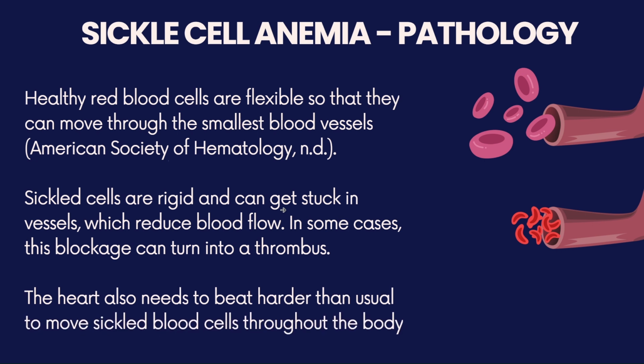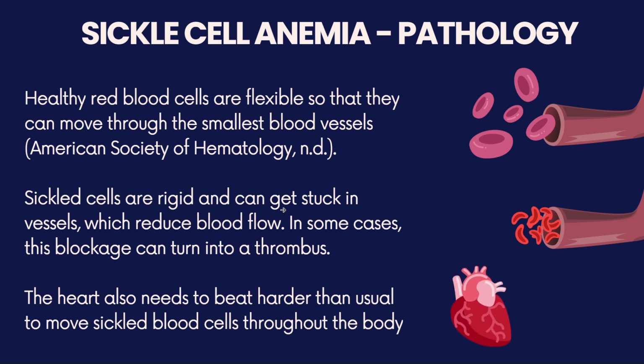Healthy blood cells are flexible so that they can move through the smallest blood vessels and the tight vasculature of the human body. Sickled cells are rigid and can get stuck in vessels, which can reduce blood flow, and in some cases, this blockage can also turn into a thrombus.